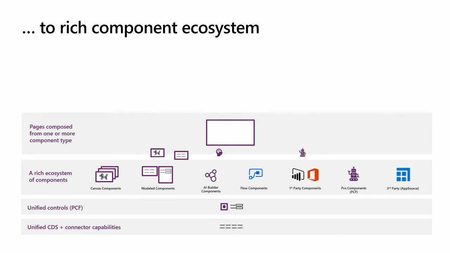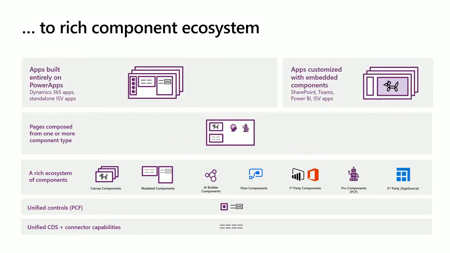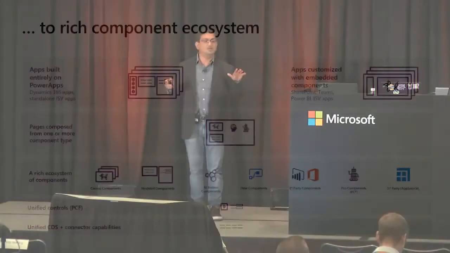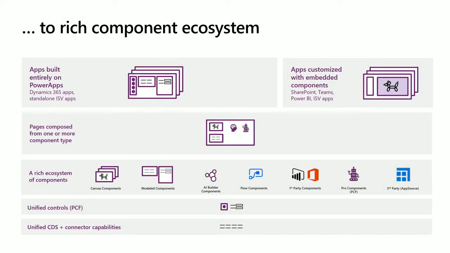Another concept which we have started working on is the concept of a custom page type, where you can drag and drop components from both the sides. And you don't necessarily have to worry about whether it's a model construct or a Canvas construct. Apps can be built using this new custom page, and you can drag and drop either the Canvas components or the ProDev components.